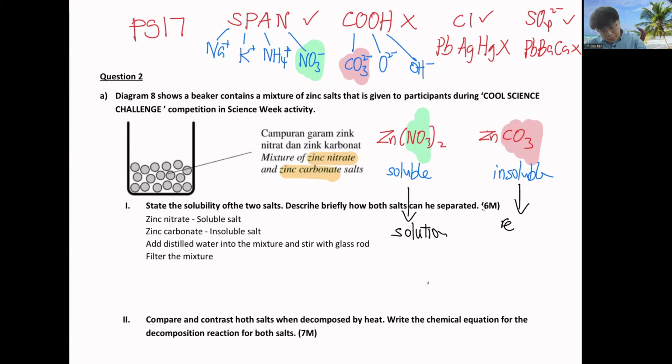So when you filter the mixture, this is what you're going to see. The solid above will be the zinc carbonate. Then the liquid below will be the zinc nitrate.